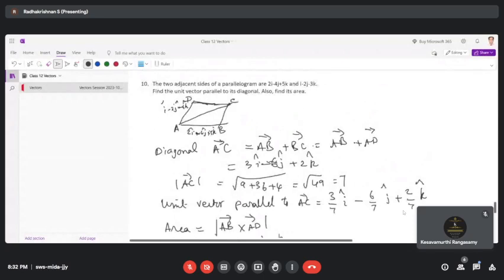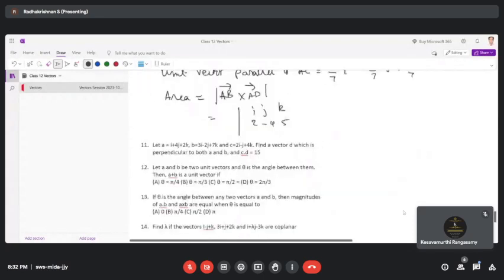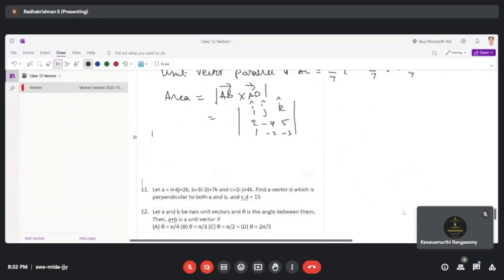And 1, minus 2, minus 3. That means i into 12 minus 4 into minus 3 plus 12 minus 10. So that means 22. j into minus 6 minus 5.